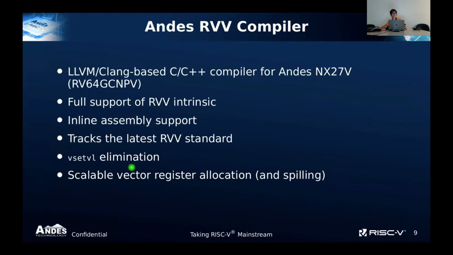It can also eliminate the redundant VSETVL introduced by the vector intrinsic functions. It can also perform vector register allocation for scalable vectors, and even spill those vectors into the stack and reload them from the stack if necessary.